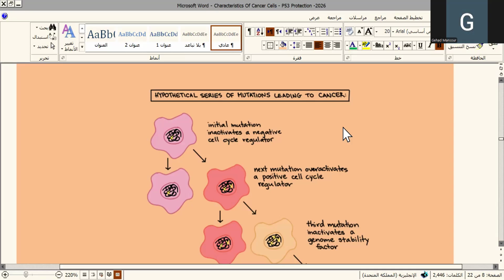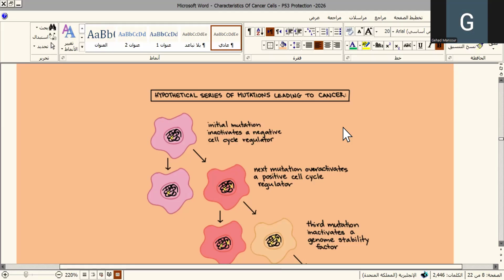In the last part of the previous video, we said that cancer cannot result from a single mutation, but it results in a cell or a group of cells in which a group of mutations that were accumulating resulted in the occurrence of cancer.